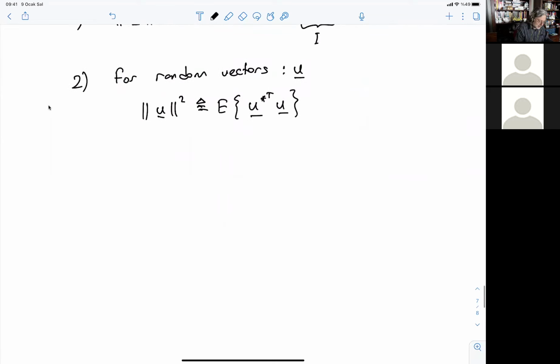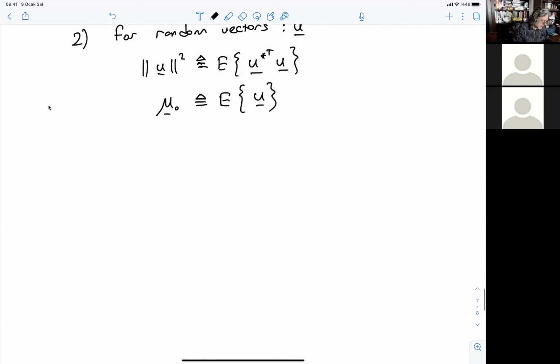So random signals are the important ones. So this is the norm of U, the square norm of U, and the mean is defined to be the expected value. By the way, this is a vector. The mean vector is the expected value of U vector, which gives you a vector.